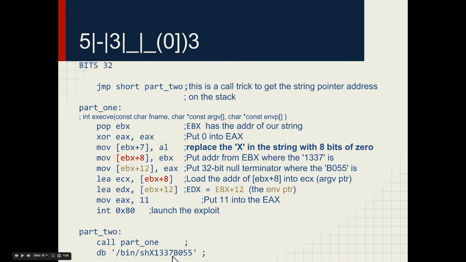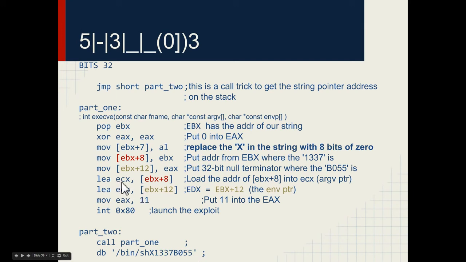EDX is now being overwritten with a pointer to zeros. So it's pointing to a null DWORD. That's perfect. ECX is pointing to an array, and the first thing is pointing to bin sh. The next thing, it looks at the next DWORD, is, oh, that's already been zeroed out. So we're using the B055 here twice.